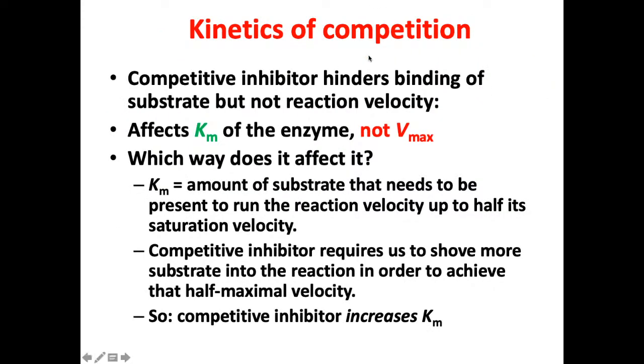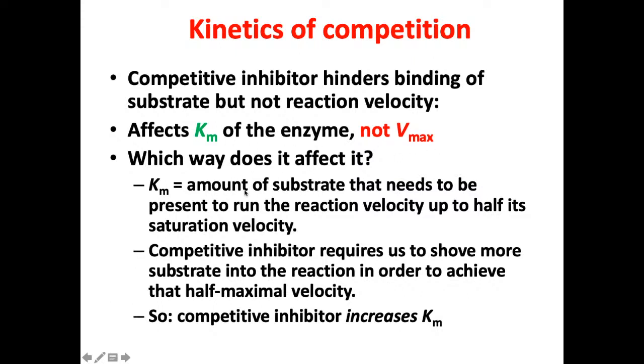So let's talk now about the kinetics of competition. A competitive inhibitor hinders the binding of substrate but not the reaction velocity. The reaction velocity will not be hindered, but mainly the binding. So it will affect the Michaelis constant but not the Vmax.